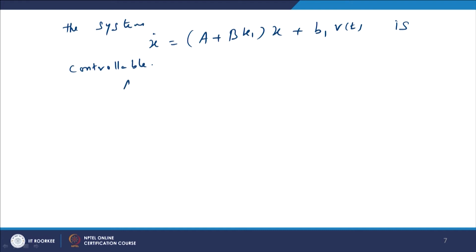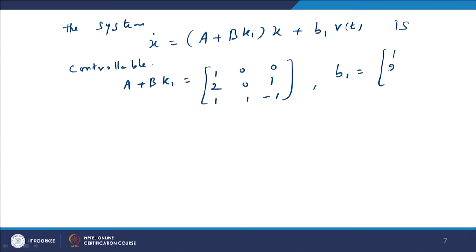Here, if you calculate the A plus B K1 matrix by substituting these matrices, we will get 1 0 0, 2 0 1, 1 1 minus 1, and B1 is the first column of matrix B, it is 1 2 1, and so this system is controllable.